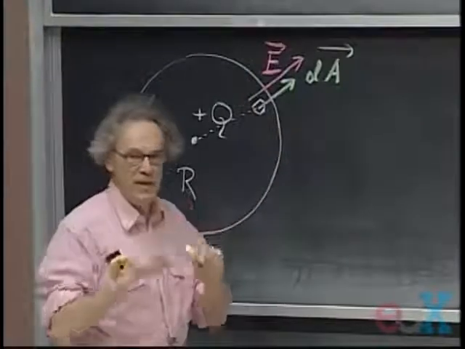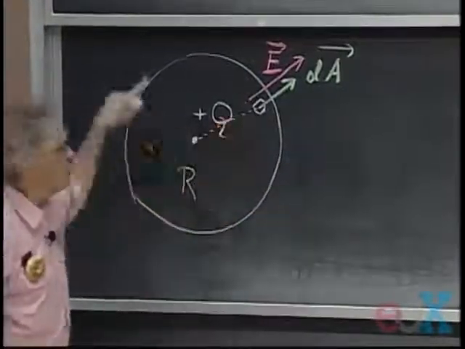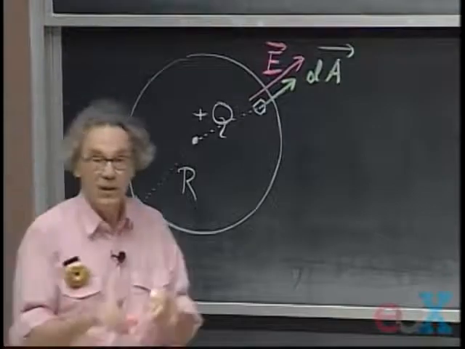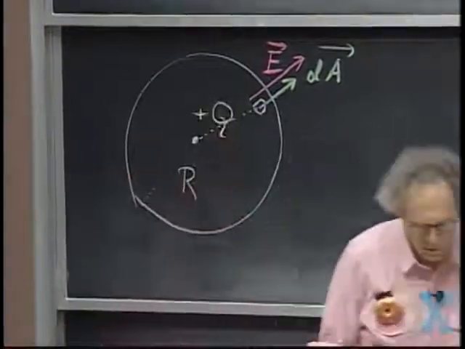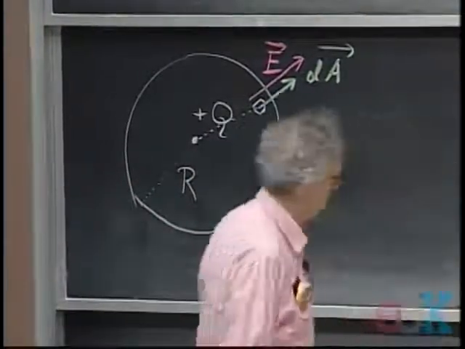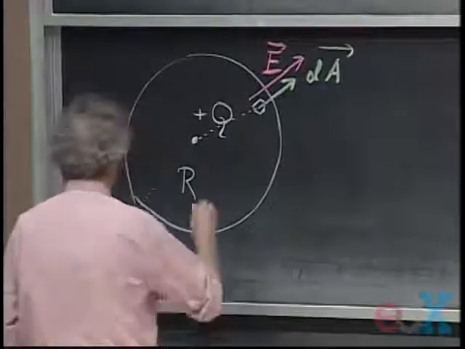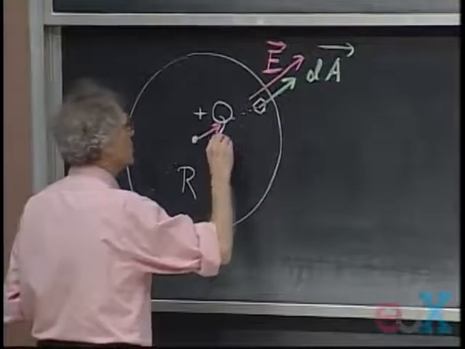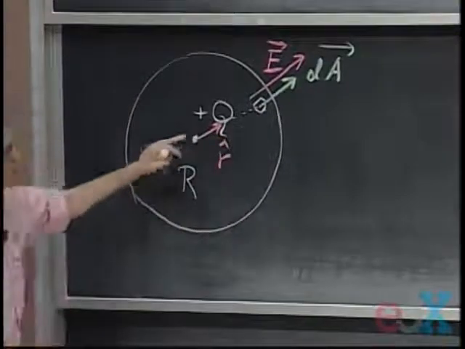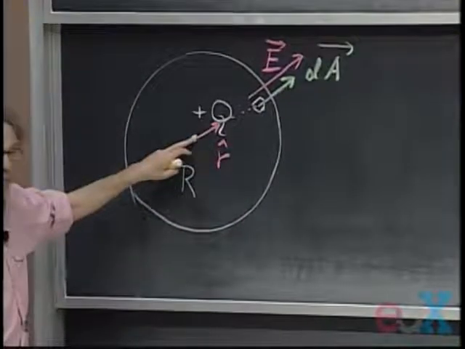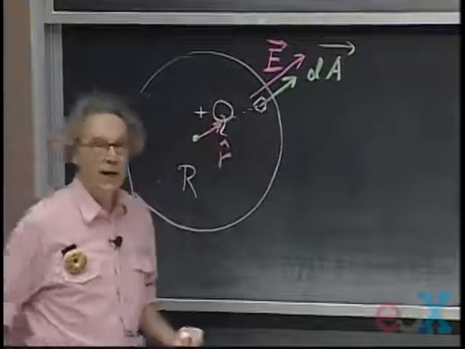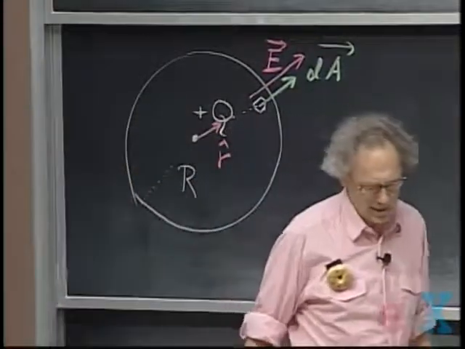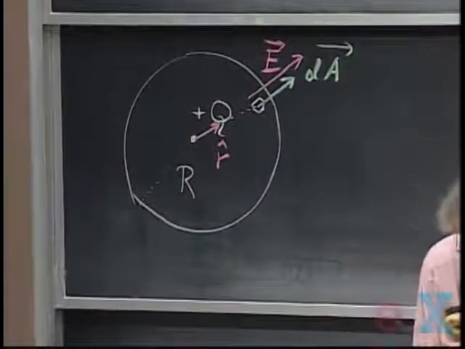So dA and E, not only here, but anywhere on the surface of this sphere, are parallel. So the cosine of the angle equals 1. I can also introduce here the unit vector r roof, which is the unit vector going from capital Q to that element where I evaluate the teeny-weeny little amount of flux.